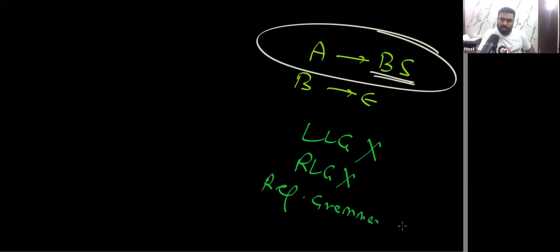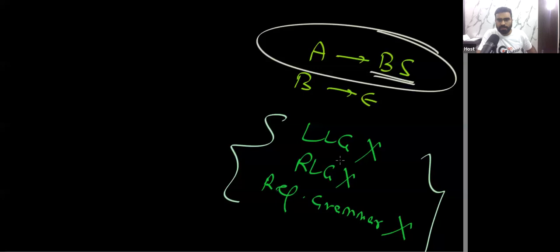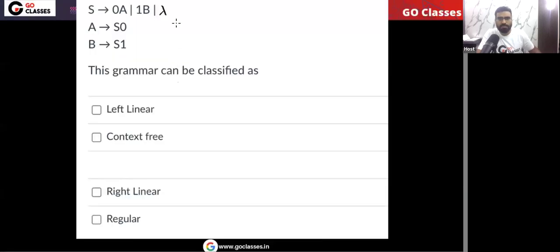Is this point clear? Very simple. This is neither left linear nor right linear, because in this production rule the RHS has more than one variable, which is not allowed in left linear or right linear. Very simple.